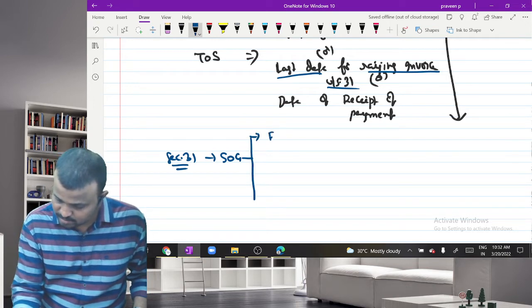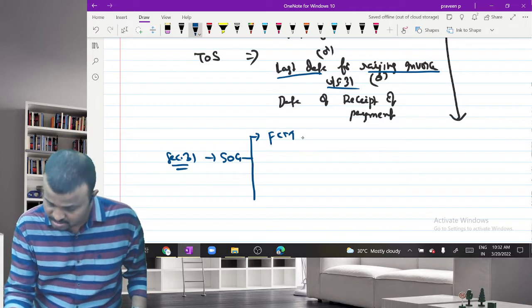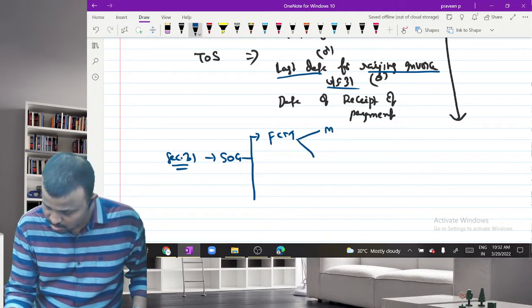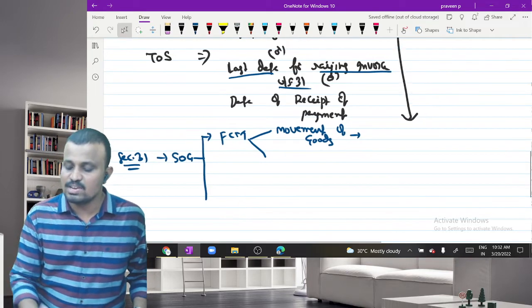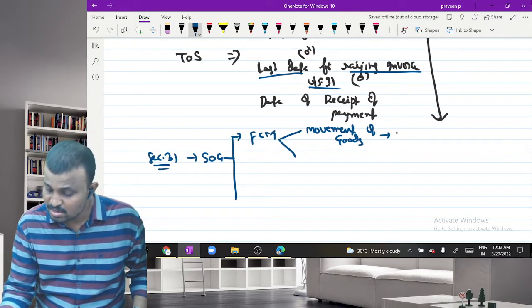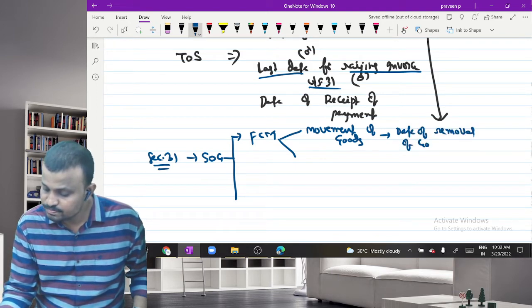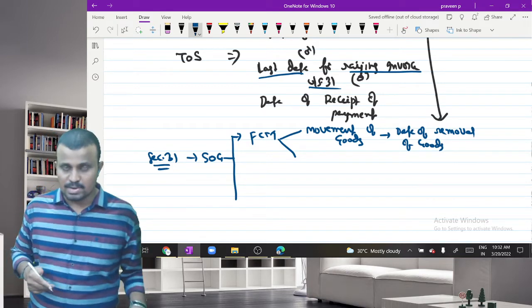In case of forward charge mechanism, which involves movement of the goods, the last date for raising the invoice is on or before the date of removal of the goods for the further supply.